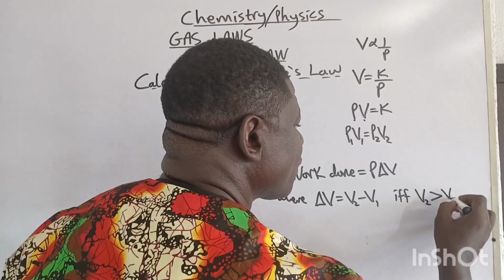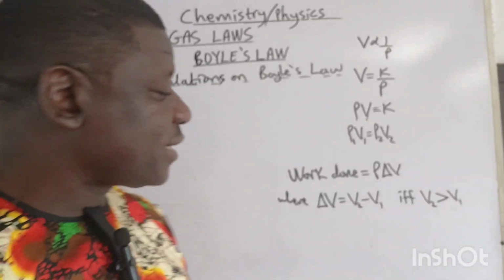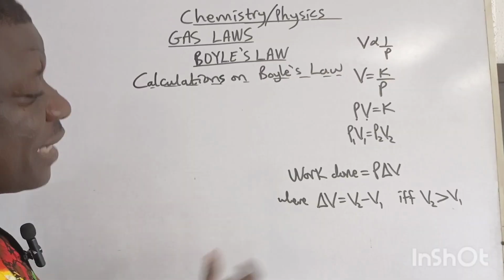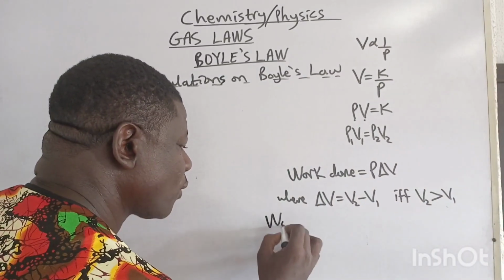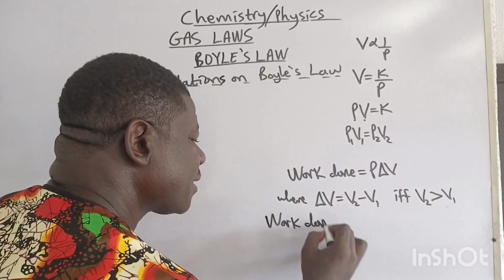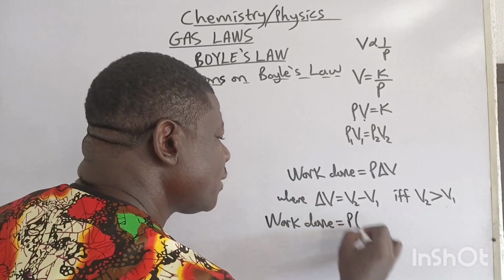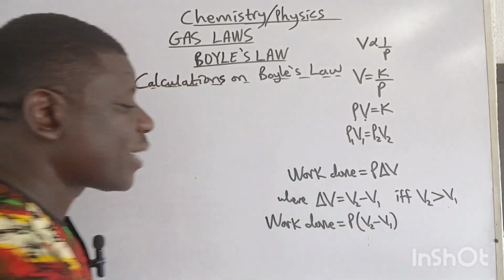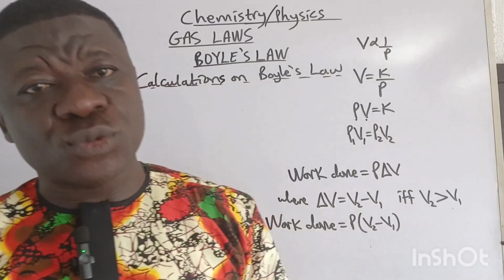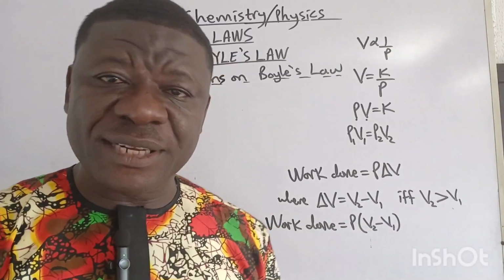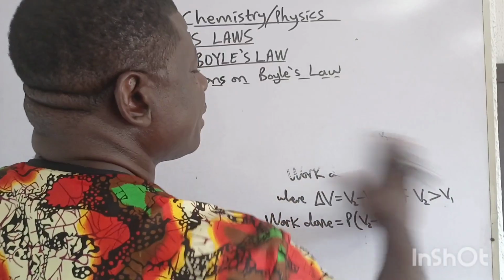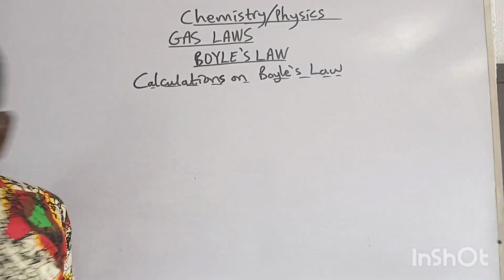V2 will be greater than V1 because volume is a scalar quantity, so we don't expect a negative value. So whenever we're asked to look for work done by a gas, we use P times delta V, which can be V2 minus V1, or we can still use V1 minus V2, provided V1 is greater than V2. So let's now look at some examples.